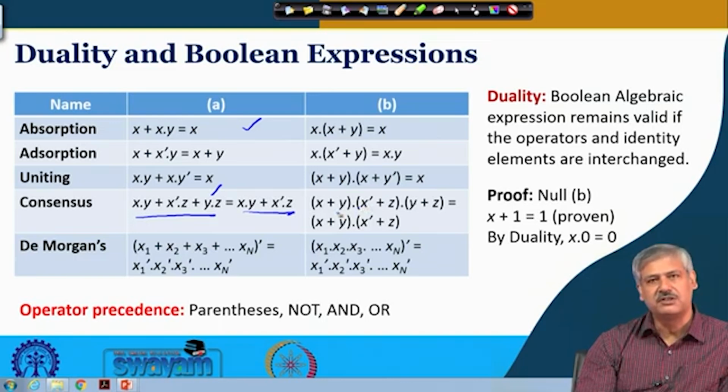And the consensus theorem's other version is in the product of sum form. It is called product of sum because you can see all the products are there and this is the sum version. So x plus y ANDed with x prime or z ANDed with y or z, and this y or z is not required in the final expression, because this is an additional term which is already explained by the other two terms.